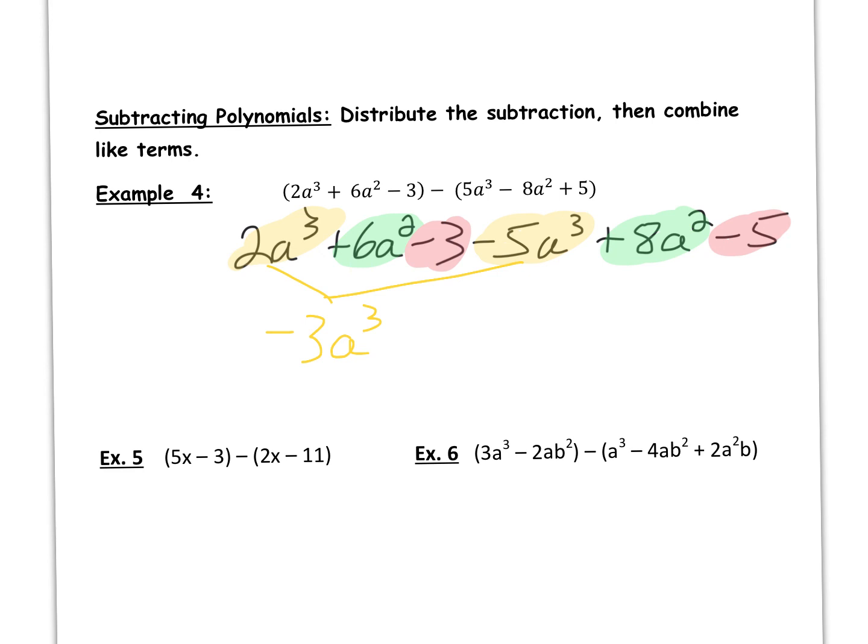And then when we combine 6a squared with 8a squared, we actually end up with 14a squared. And then finally, this last one here, when we combine the negative 3 and the negative 5, that's negative 8, sorry.